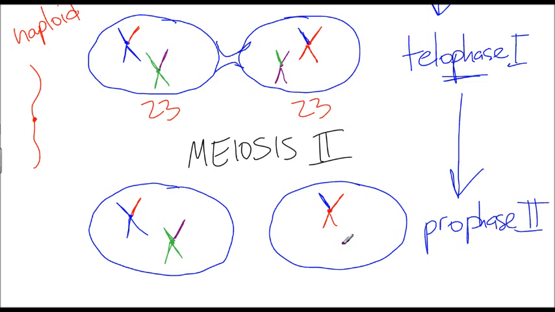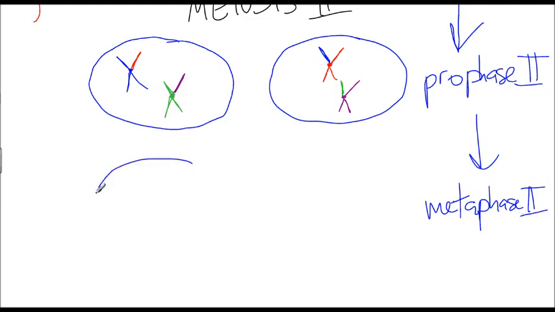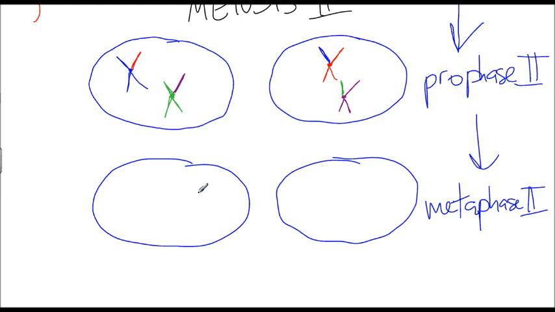So here we have now our final chromosome with its piece of green genetic material. So we've got prophase 2, and that cell is getting ready to move into metaphase 2.